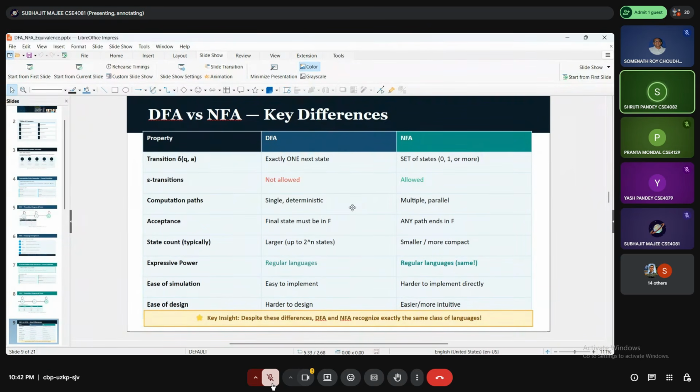State count: a DFA is typically larger, up to 2 to the power n states, while an NFA is smaller and more compact. Expressive power: both recognize regular languages. Ease of simulation: a DFA is easy to implement, an NFA is harder to implement directly. Ease of design: a DFA is harder to design, an NFA is easier and more intuitive. Next slide.